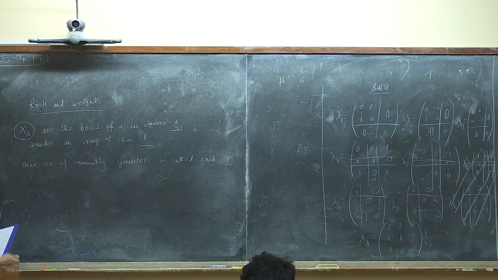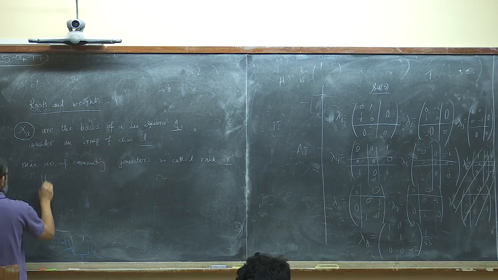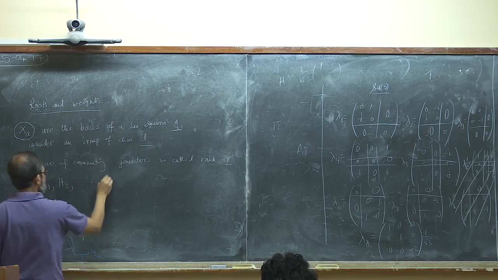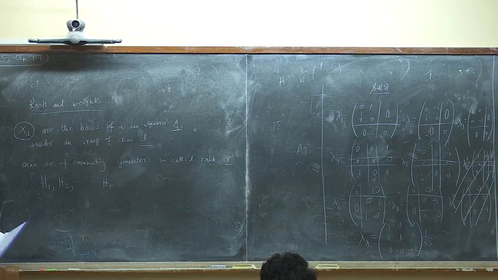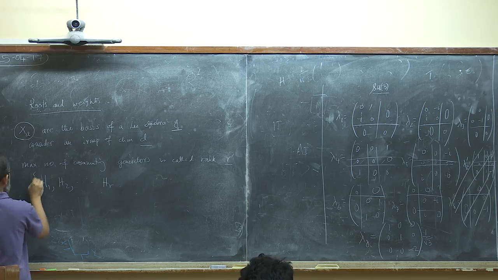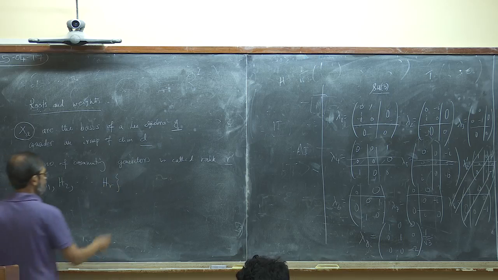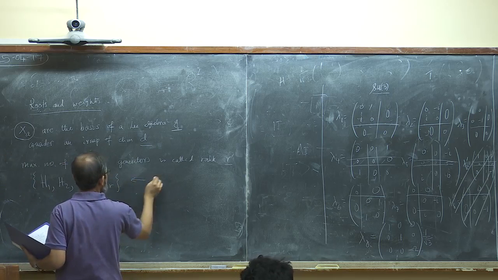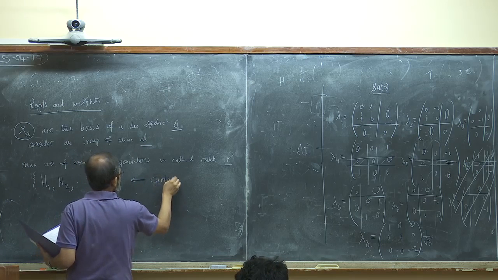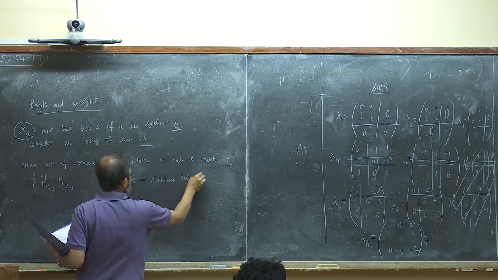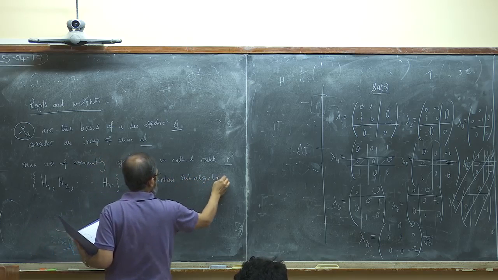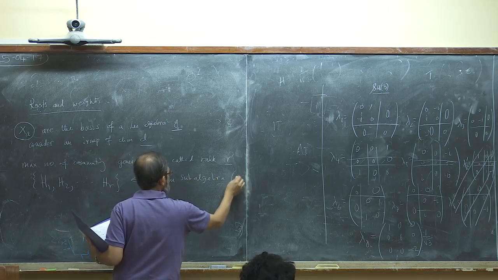The conventional notation for these is to use the letter H. These clearly form by themselves a subalgebra, and this is called the Cartan subalgebra, CSA.